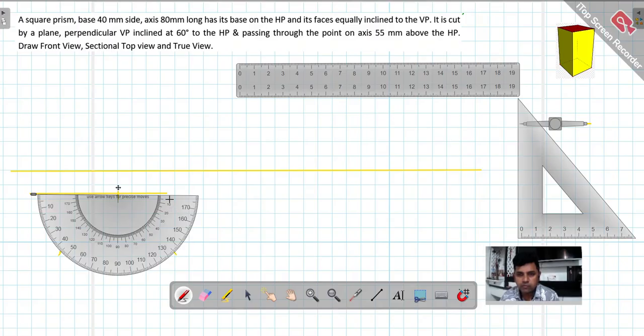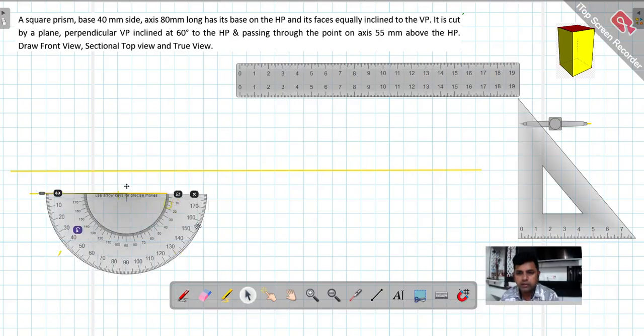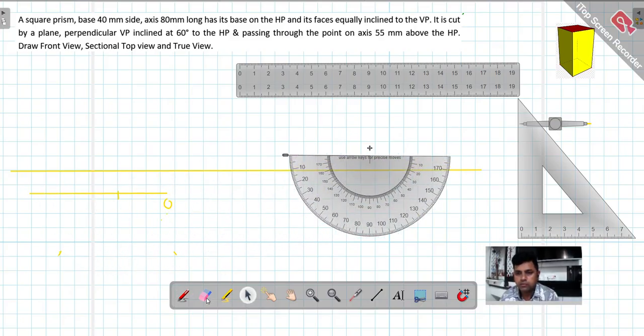Again, if any confusion, you can check this: 10, 20, 30, 40, 45. Okay, I'm taking this away. Now what I will do, I'll take the line and simply join it. This line I joined, this line also I joined. Now join it neatly.